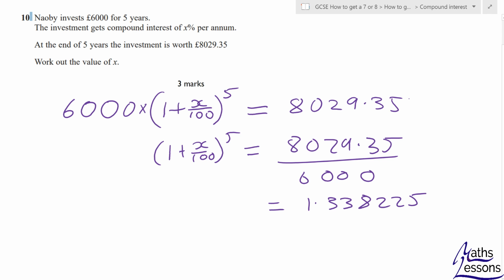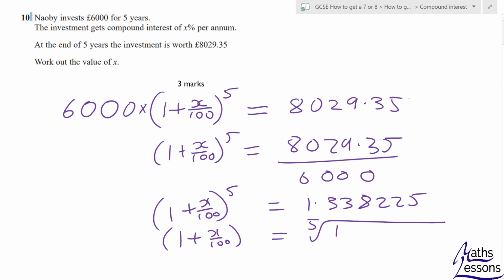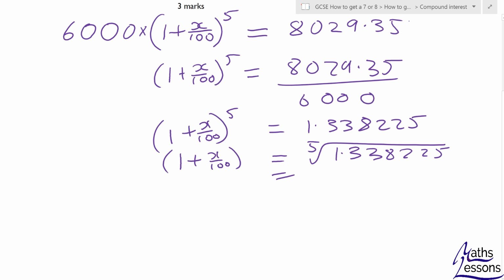So we've got 1 plus x. Basically, you could put m as your multiplier there if you don't like the 1 plus x to the power of 5 equals that. So therefore we need to undo that. So we do the fifth root, or to the power of 1/5 of all of that. So let's do that.